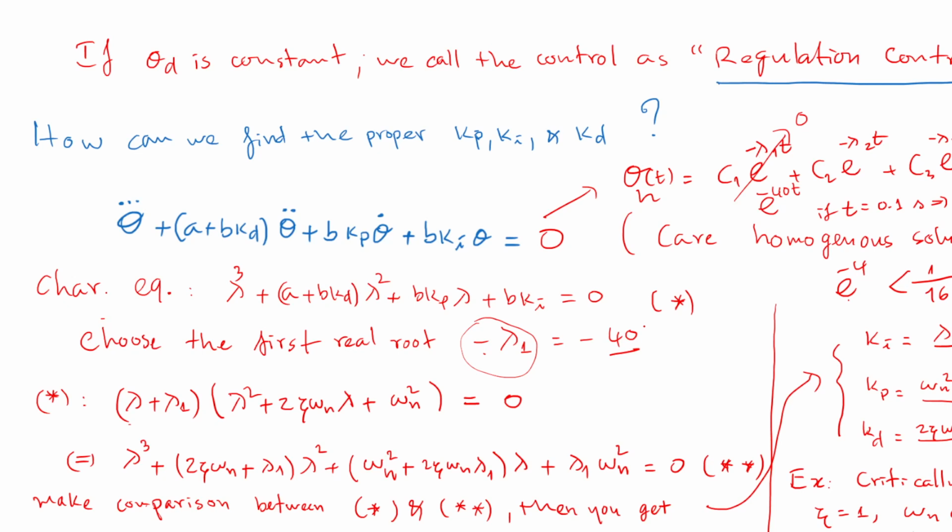Yeah, and using this method, you can save a lot of time compared to trial and error, and you don't experience the unstable case. With trial and error, sometimes you choose very bad Kp, Ki, Kd, and then it becomes unstable.